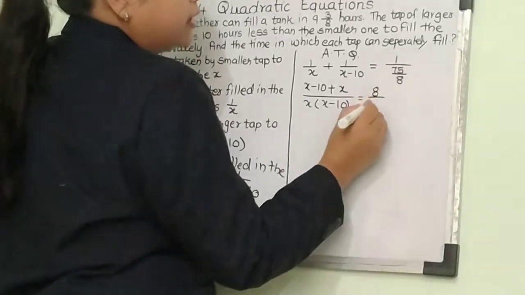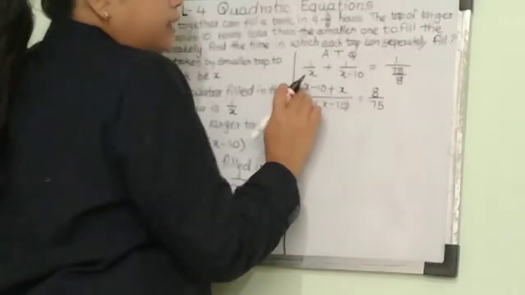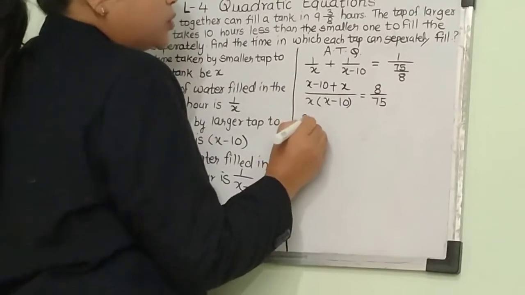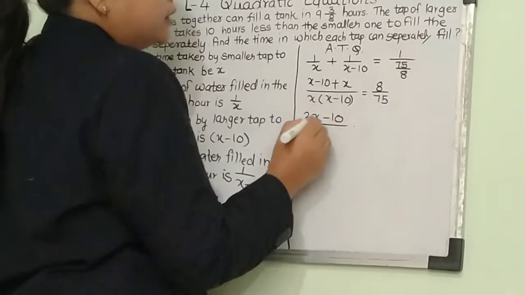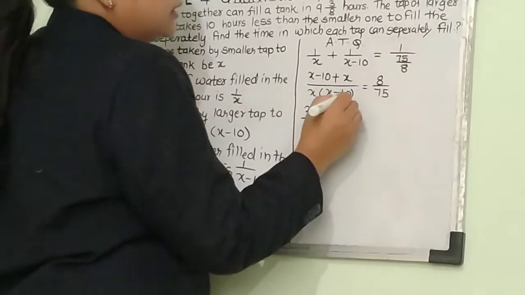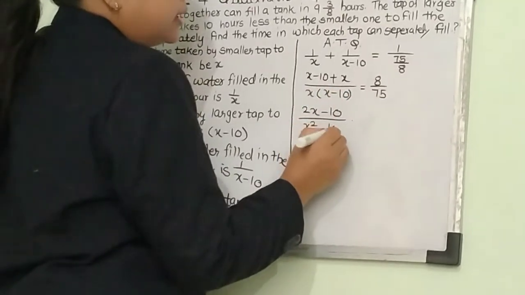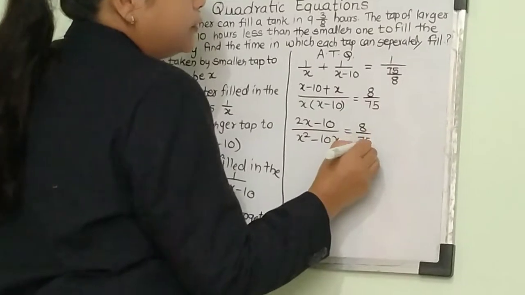So we can write here 8 upon 75. Now x plus x becomes 2x minus 10 upon x into x, that is x square, minus 10 into x, that is 10x, equals 8 upon 75.